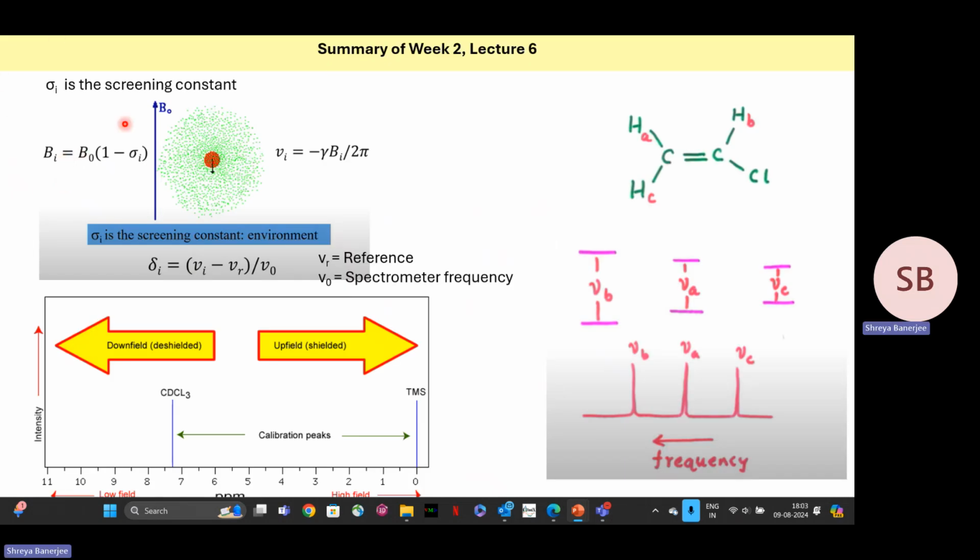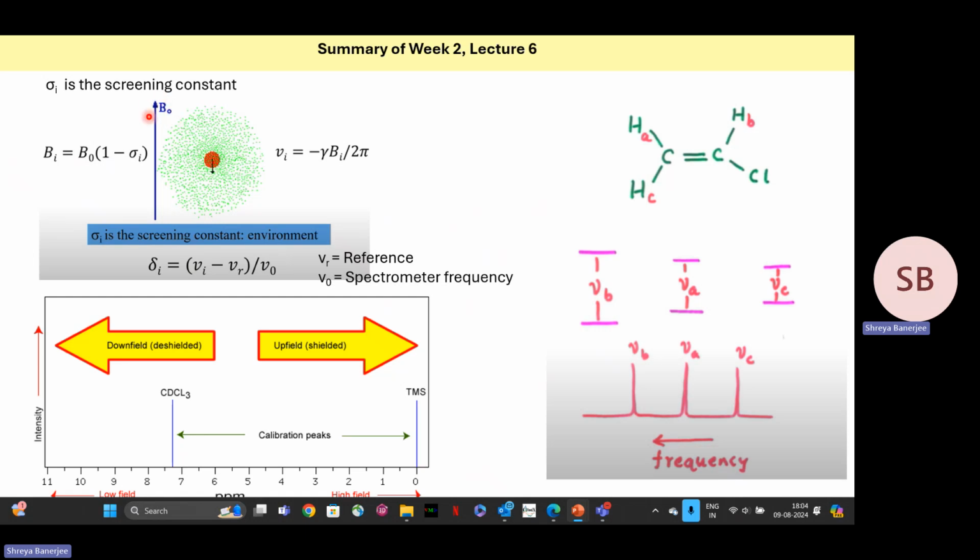So this is what we have already learned in the previous live session, but I'll quickly go through it because it's kind of like a continuation. So what we had seen is the nucleus is surrounded by an electron cloud. What this electron cloud does is that it kind of shields the nucleus from experiencing the full effect of the external magnetic field B0.